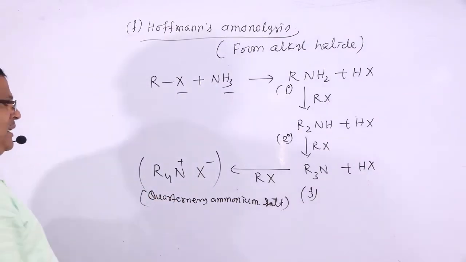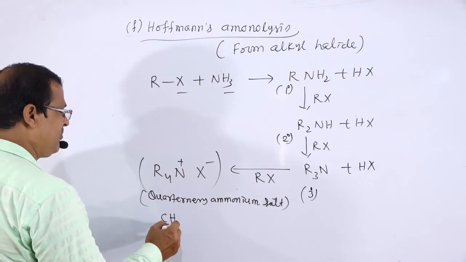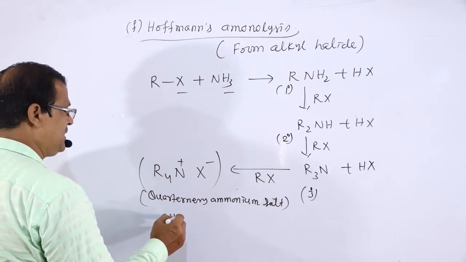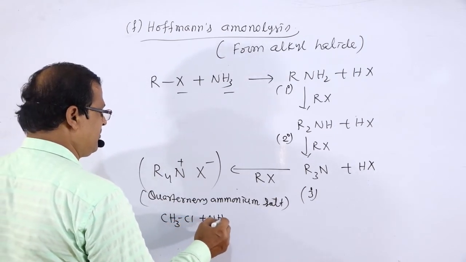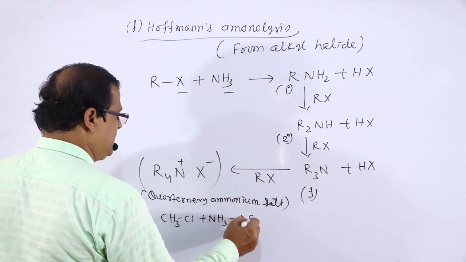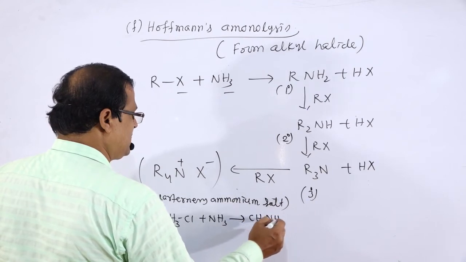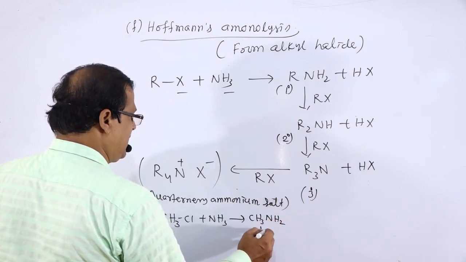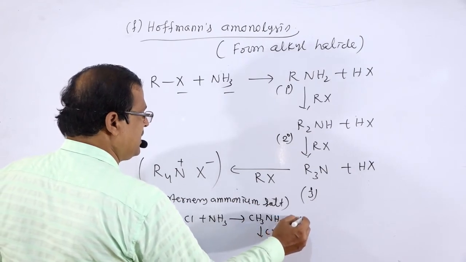If we take a particular example, CH3Cl plus NH3 gives us CH3NH2 plus HCl. Again that reacts with CH3Cl plus HCl.